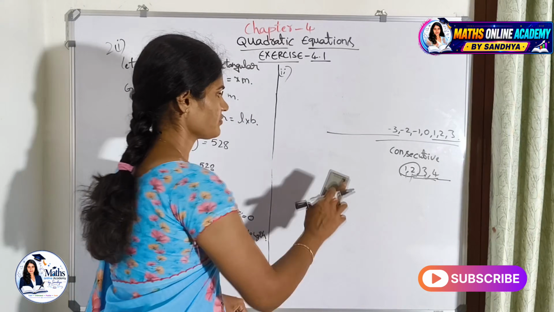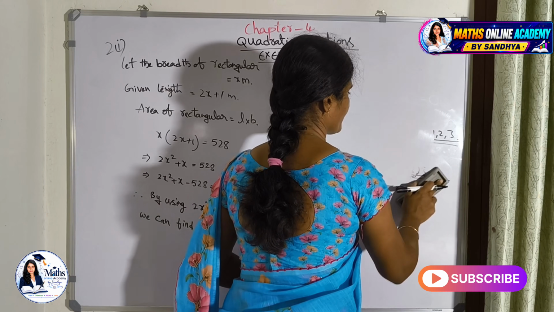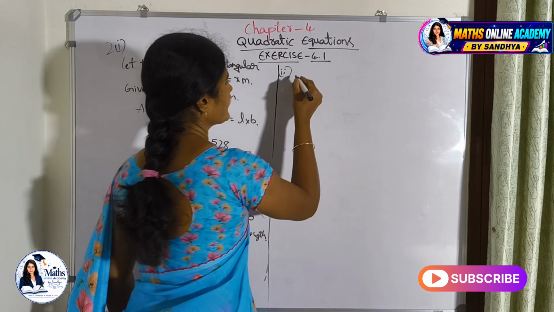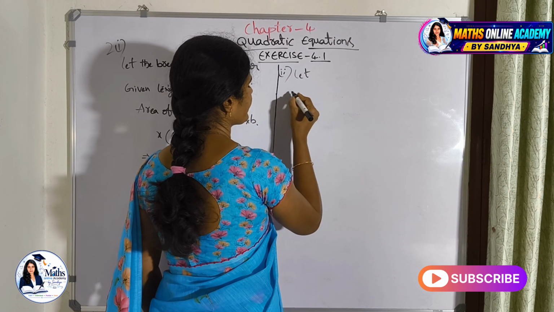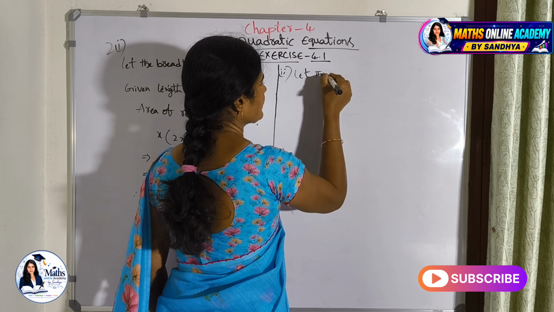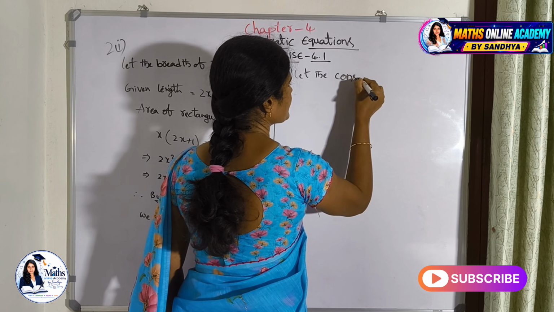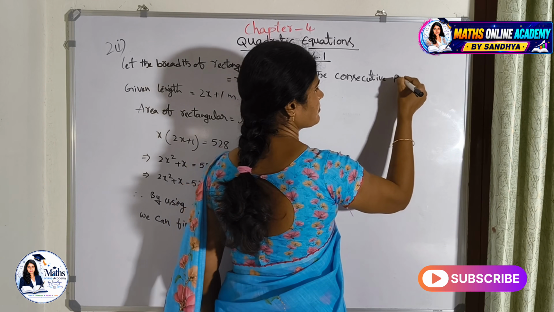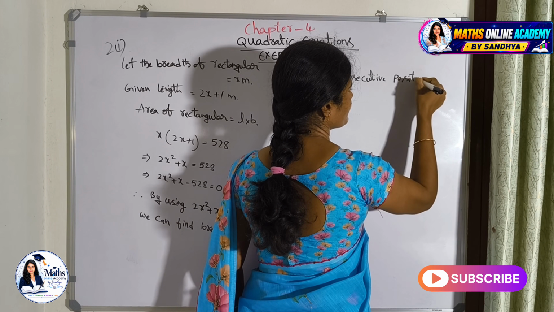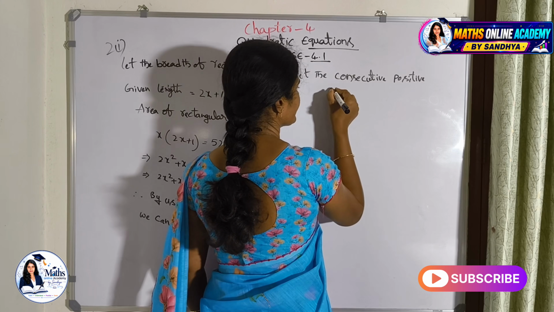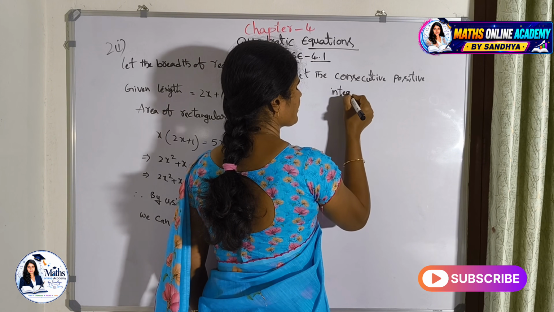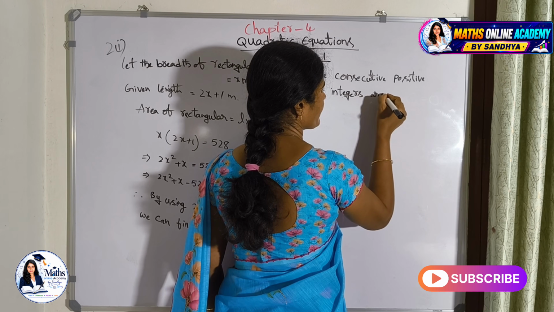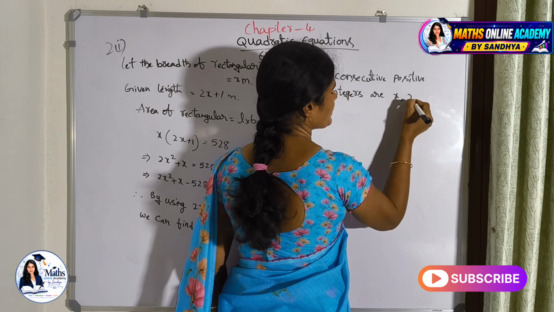So we don't know what the numbers are. Let the consecutive positive integers be x, x plus 1.